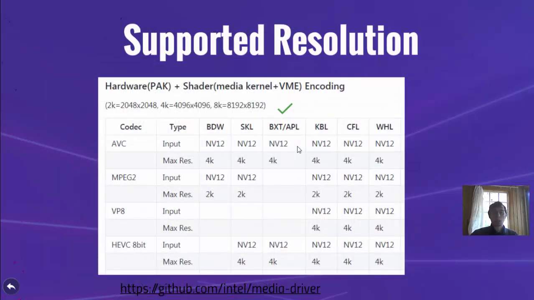What we are also interested in is the resolution and the format that will be supported. For example, we can decode on Apollo Lake up to a 4K stream, which is quite decent quality because it's still not 8K, but it does 4K. For example, MPEG-2 is only 2K, but for H.264 it's 4K.